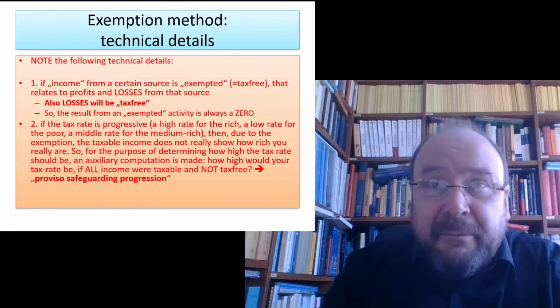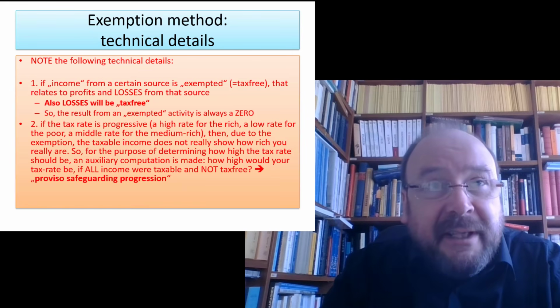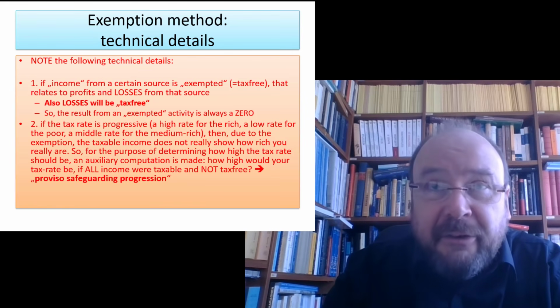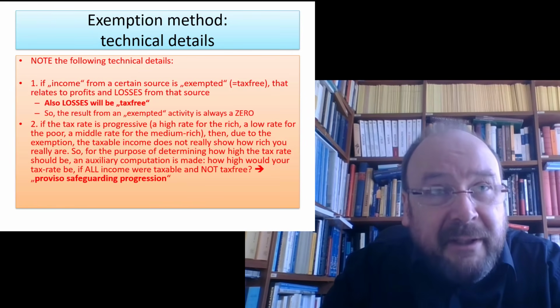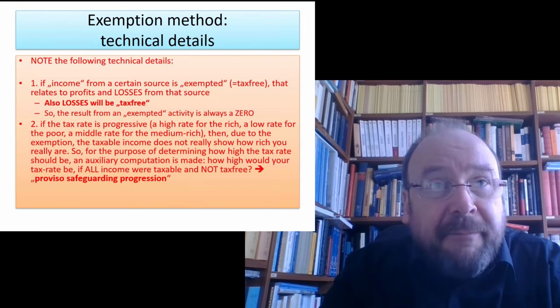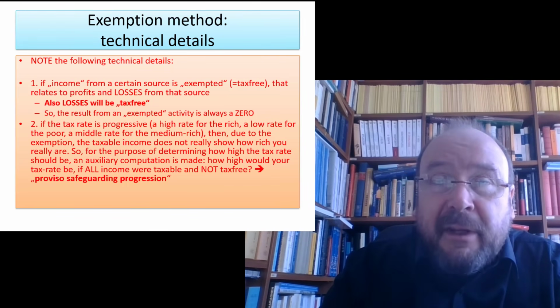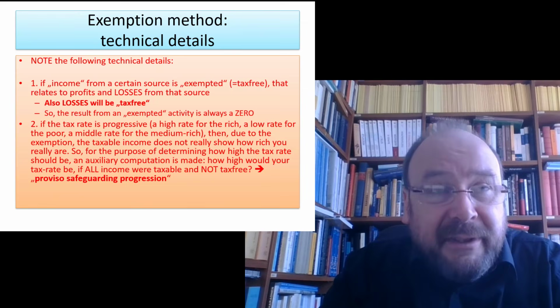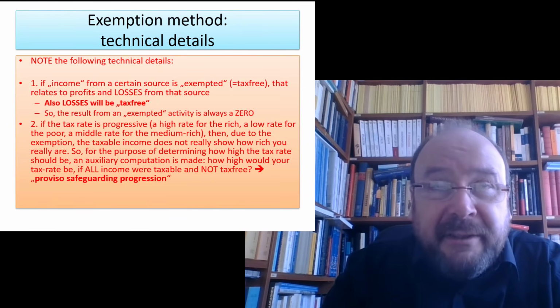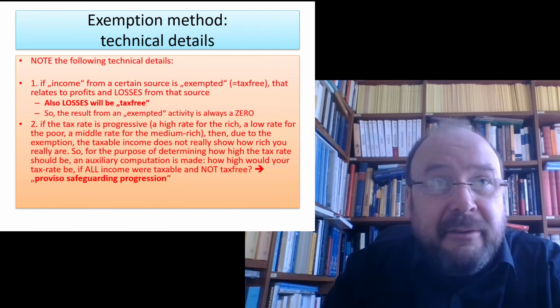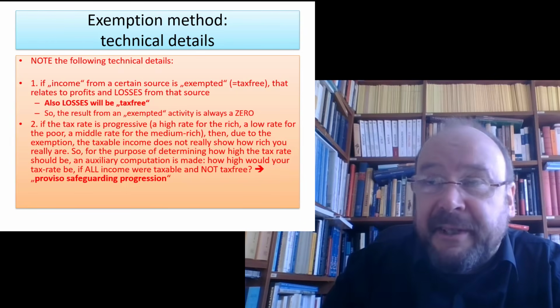Well, it remains tax-free, the 490,000 which you have in your French business, because we said, okay, that's the business of the French. And how much the French regard as adequate for a business of 490,000, that's for the French to decide.